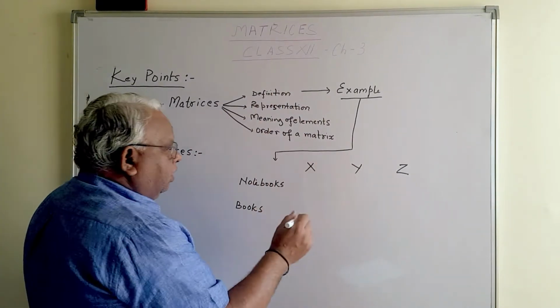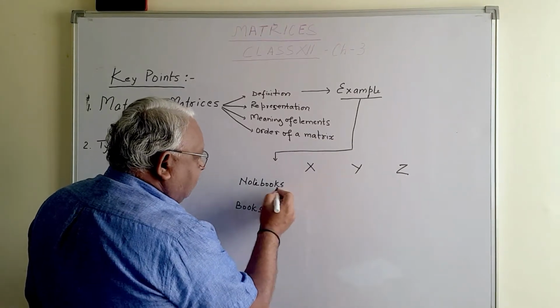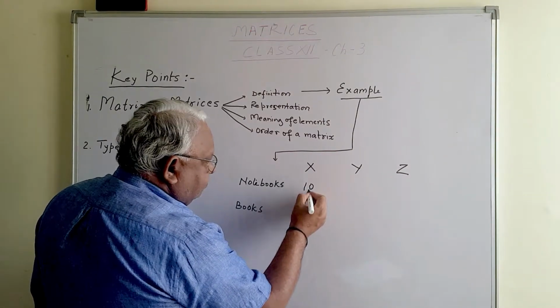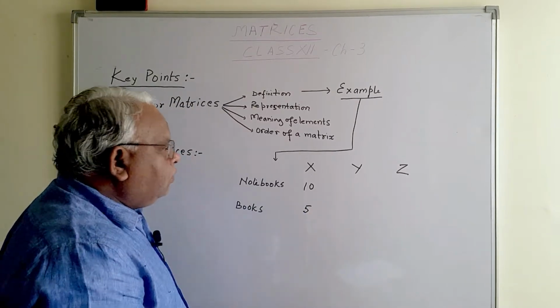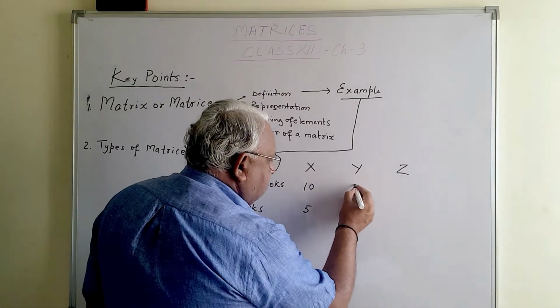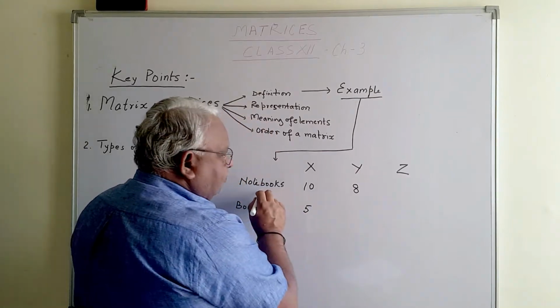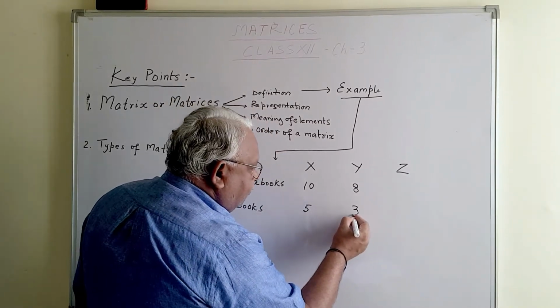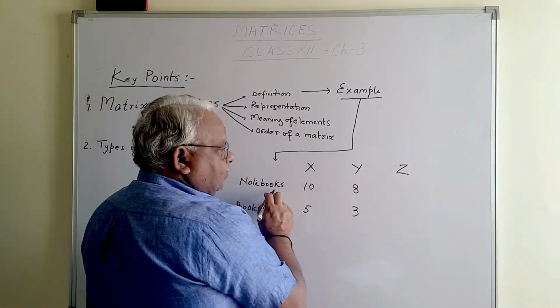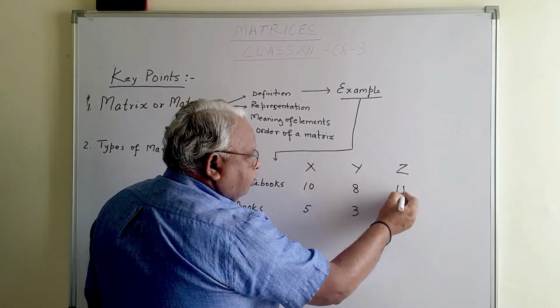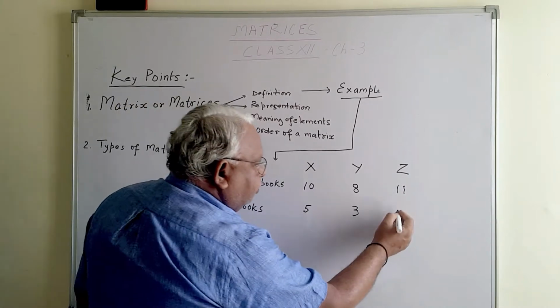Now these are the data. X has purchased 10 notebooks and 5 books. Y has purchased 8 notebooks and 3 books, and Z has purchased 11 notebooks and 4 books.